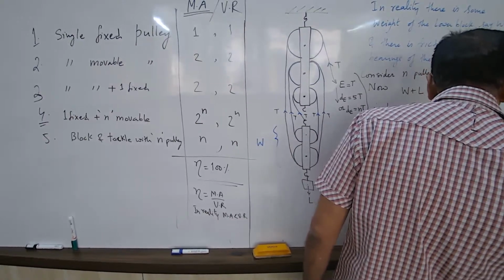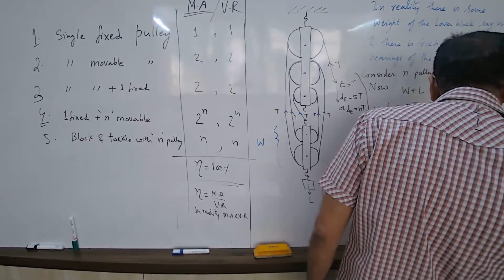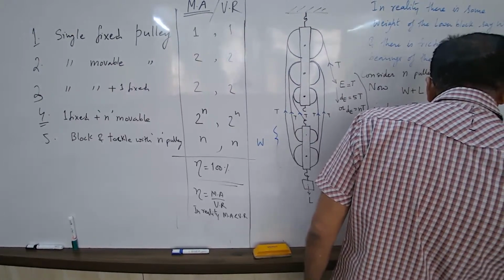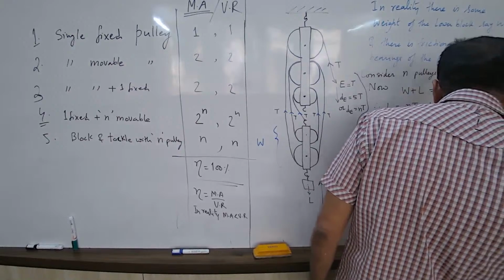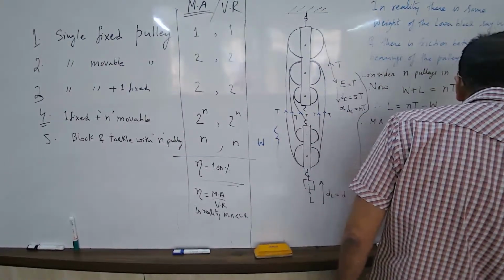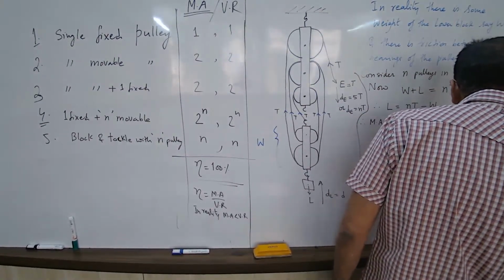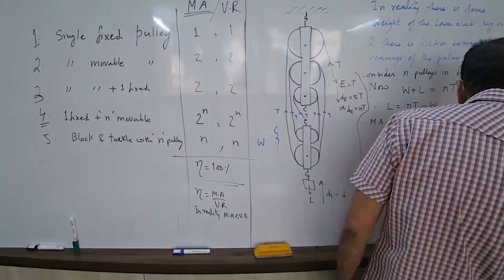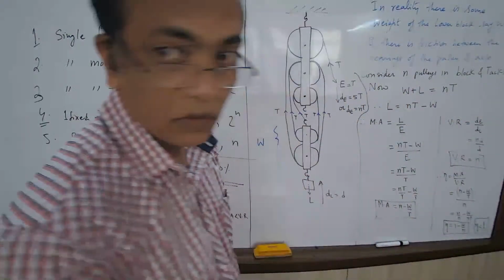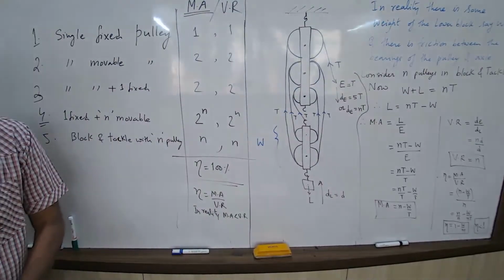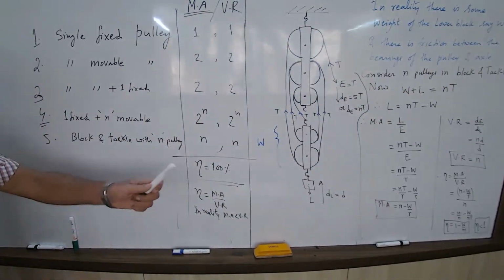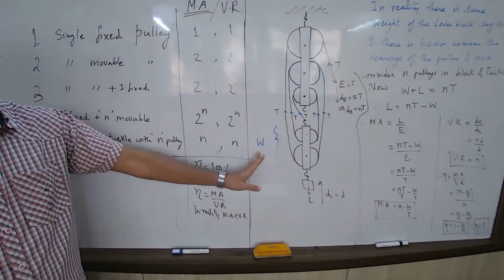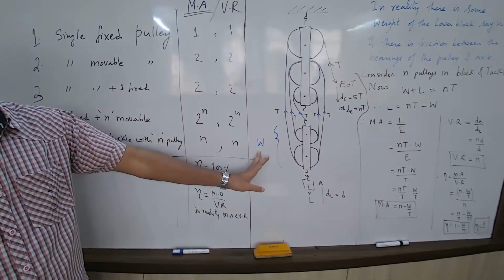Okay, so efficiency is equal to 1 minus W by NT. So this is the actual expression of efficiency. What does this tell you? Therefore, efficiency is less than 1. So in real machines, you will never get efficiency equal to 1 or 100%. Okay? This is how we have proved. Because if you have a lower block, it cannot have W as 0.